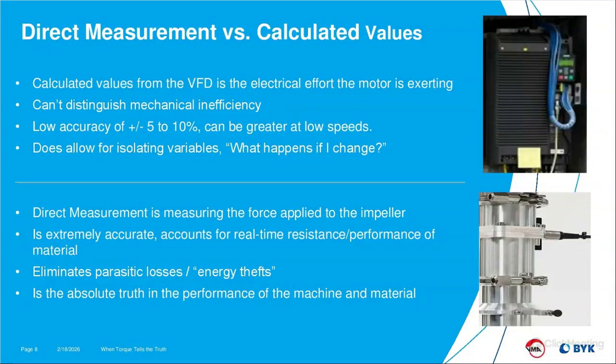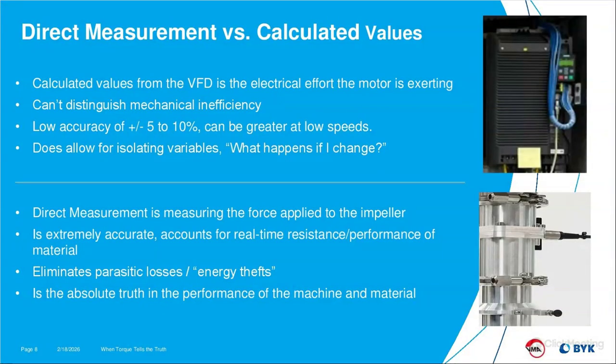The direct measurement is measuring the applied force down through the shaft and into the impeller. So it's much more accurate, and this all happens in real time. This will help you eliminate those parasitic losses, those mechanical inefficiencies that can cloud the data with regard to a calculated value from a frequency inverter.